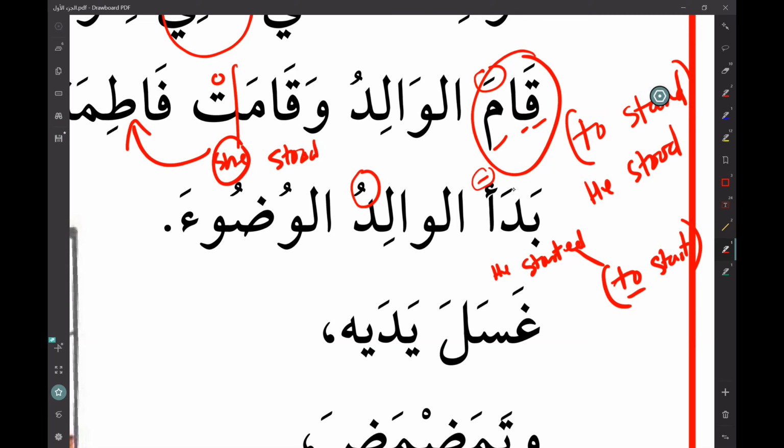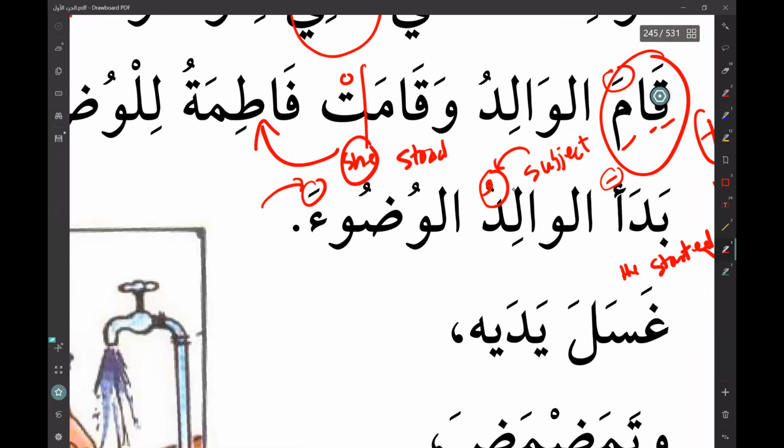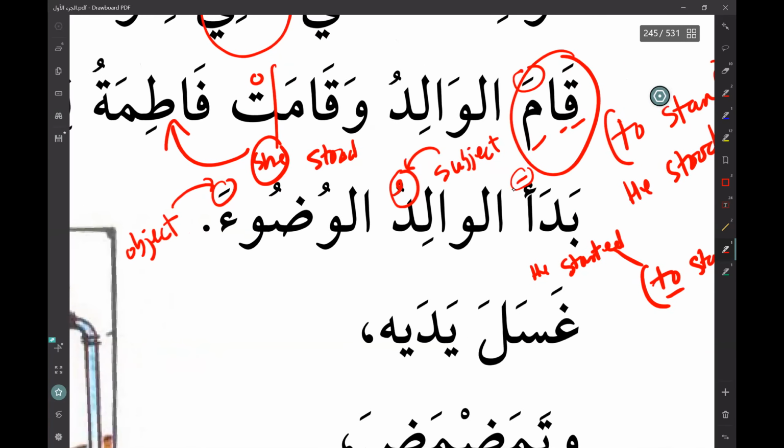Now, these are from our old topics. We mentioned this a few times. The dhamma represents what? The subject. What does the fatha represent? Who can tell me? It represents the object. So now we have the fatha on wudu. In Arabic we call this maf'ul bihi.